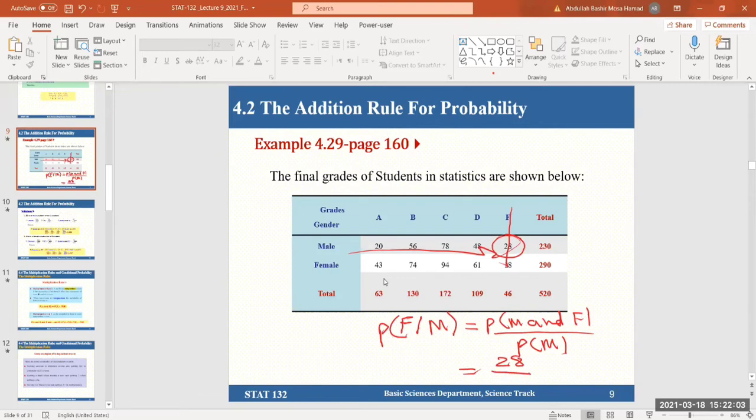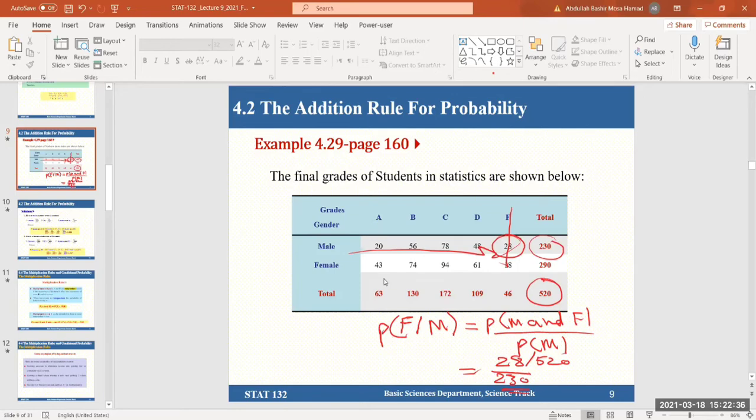Male is the sum of F, D, C, B, and A. The total for male is 230. But actually, P of male and F is 28 over the grand total, 520.